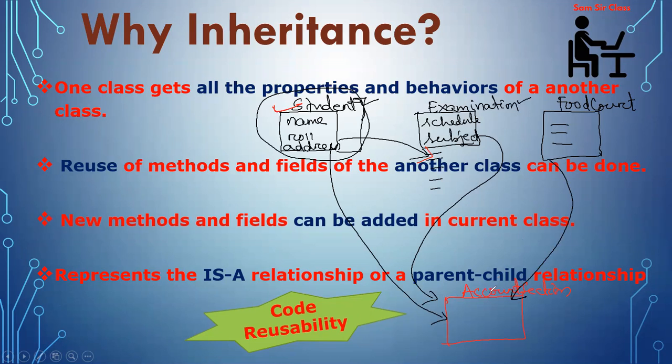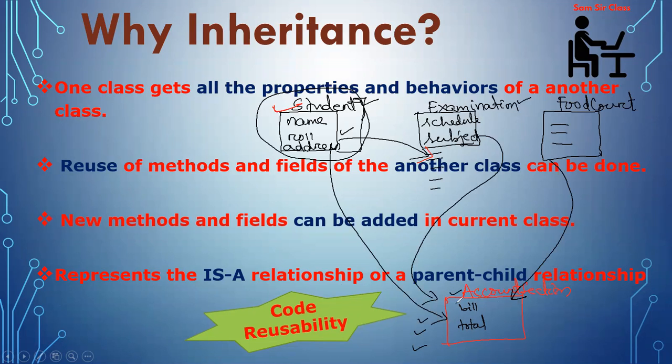So the account section now has two options: either they write down the code of the student class, examination class, and food court class again inside the class of account section, or they reuse whatever is written earlier along with its own data members. Like account section will have bill generation or total amount. These are the variables of account section.